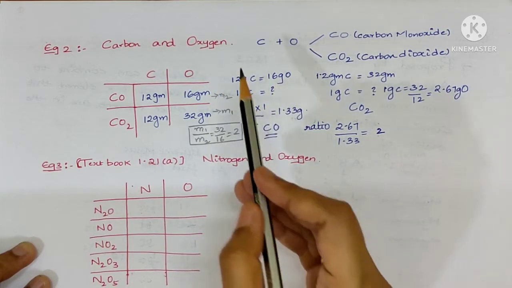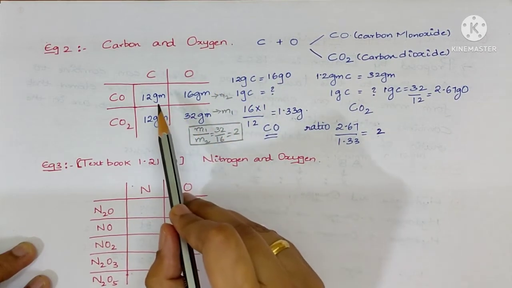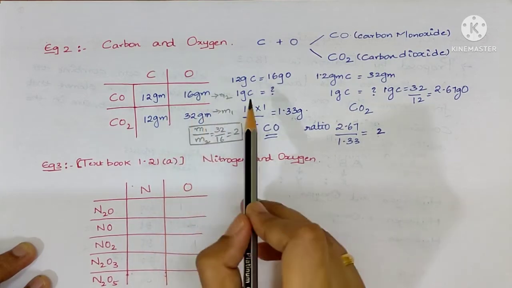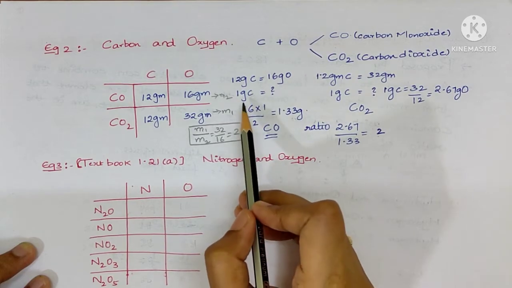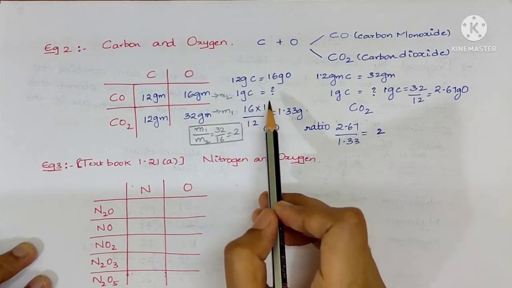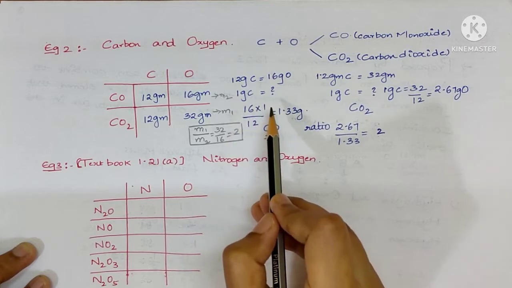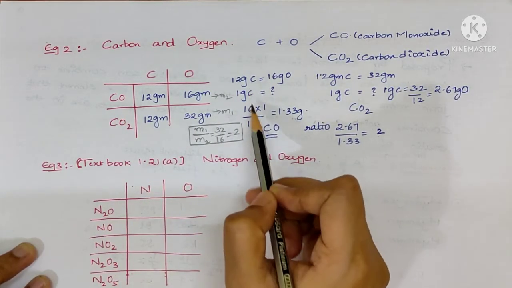But here I have found this for 12 grams of carbon. But I wanted to find this for 1 gram of carbon. If they ask you a question like what is the mass of oxygen for 1 gram of carbon in CO, then you have to solve the question like this.